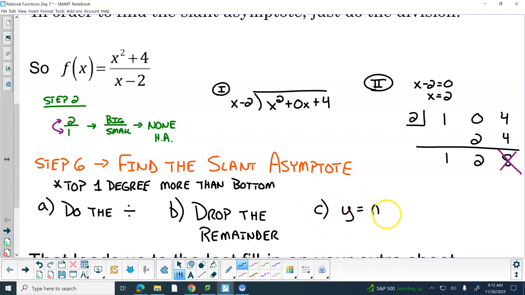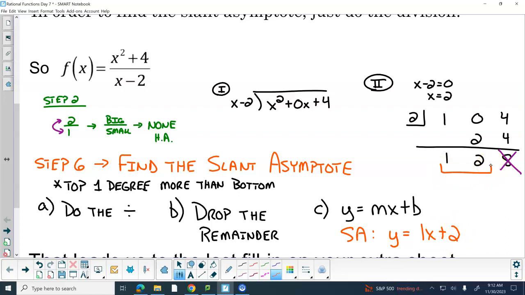And then the last step is, what's left over is going to be y equals mx plus b. So in this case, our slant asymptote is going to be y equals 1x plus 2.